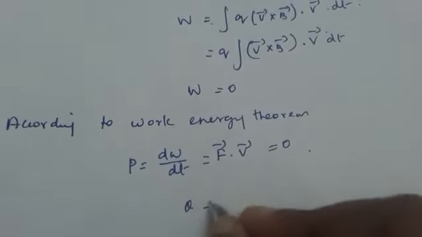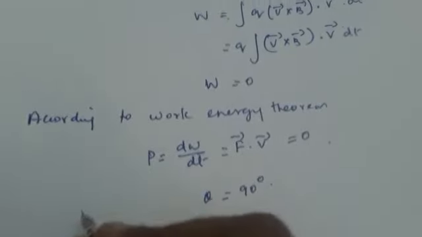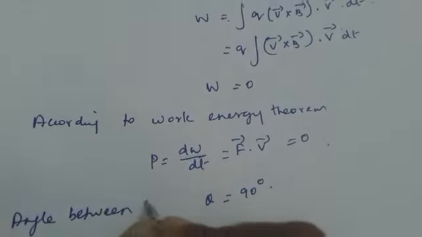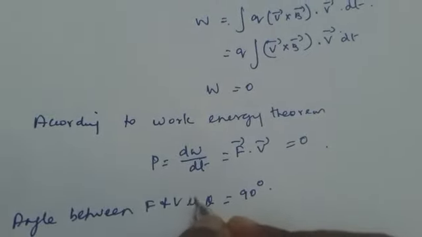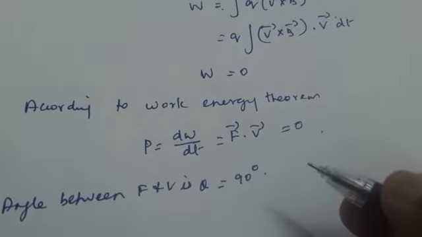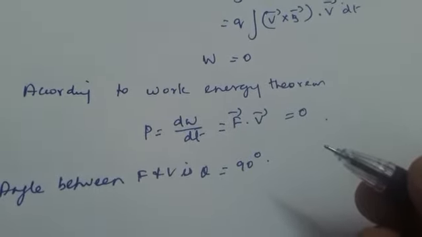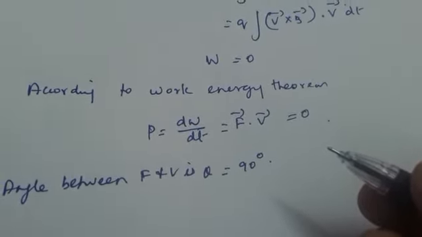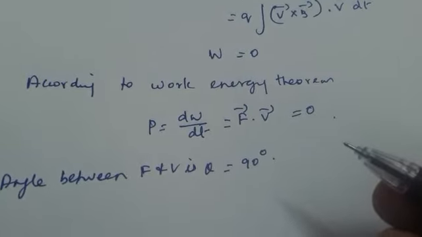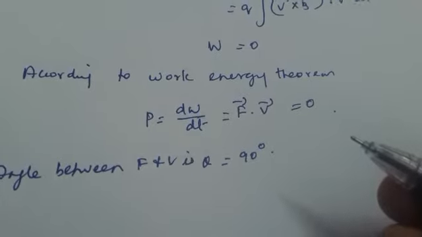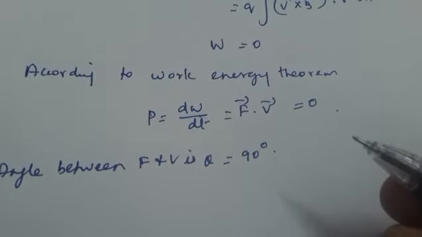The angle between F and v, theta, is equal to 90 degrees. Therefore we can say the Lorentz force changes the direction of velocity but not the magnitude of velocity. And also the Lorentz force does not do any work.